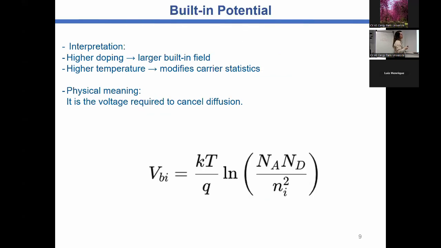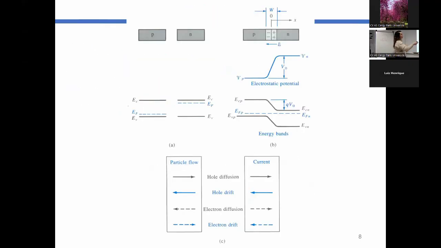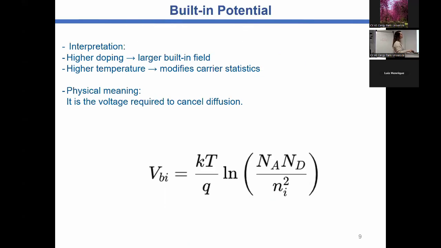So this built-in field arises from different energy levels, coming from the different doping. As I said, if we have a higher doping, we also have a larger built-in field. If we have a higher temperature, it will also modify the carrier statistics.